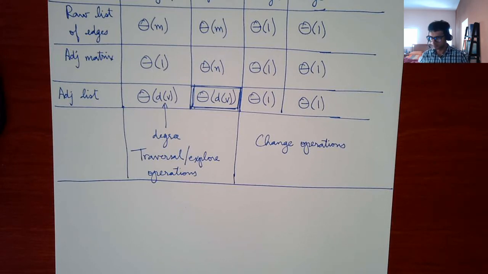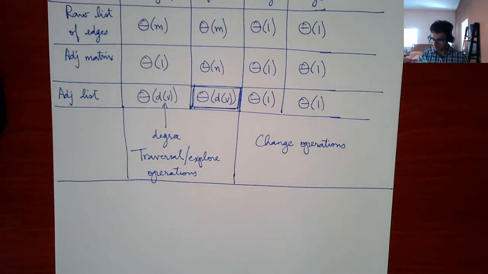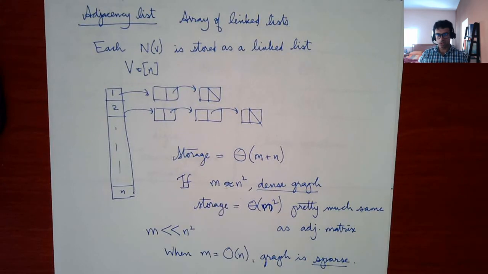What was it you said about the adjacency list, that when it's sparse, the performance is good, but if it's dense, it's poor? It's not a question of it being poor specifically. It's just that if it's dense, then the storage of an adjacency list is the same as the storage of an adjacency matrix.